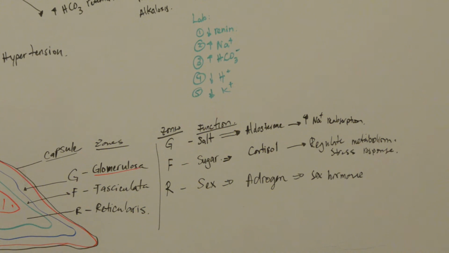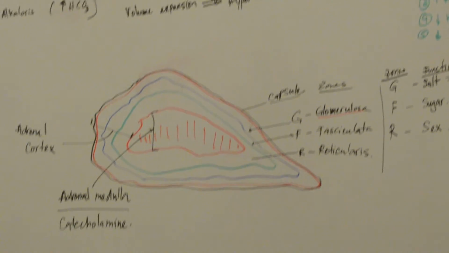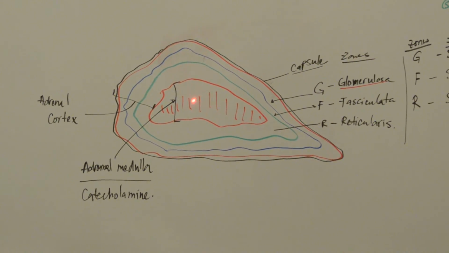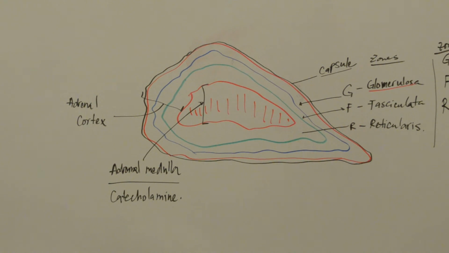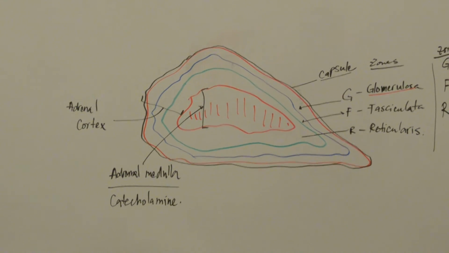The second one is involved with cortisol secretion, regulating metabolism and the stress response. And the reticularis is the one for androgens, so it's the sex hormones. And within, the medulla mainly secretes catecholamines, which include norepinephrine and epinephrine.